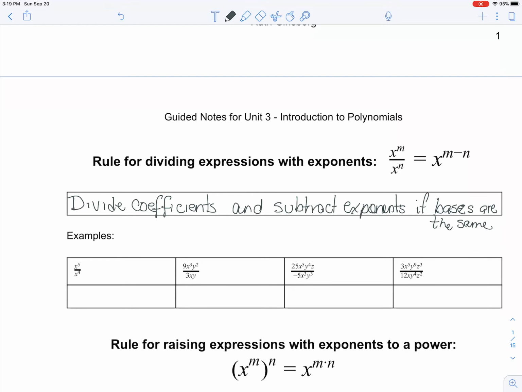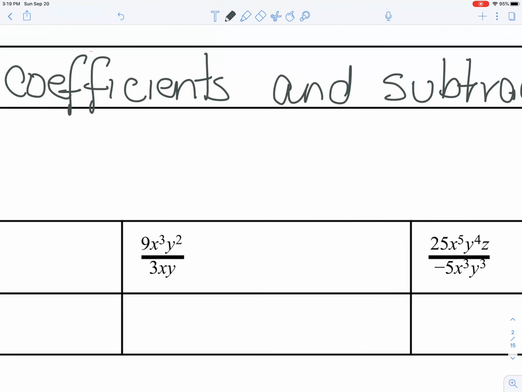So in this first one, our coefficients are 1, so that's just going to be 1. And then 5 minus 4 would be x to the first power.